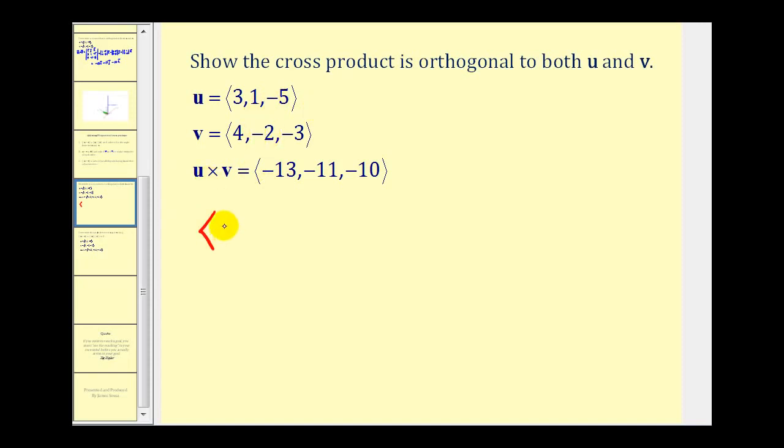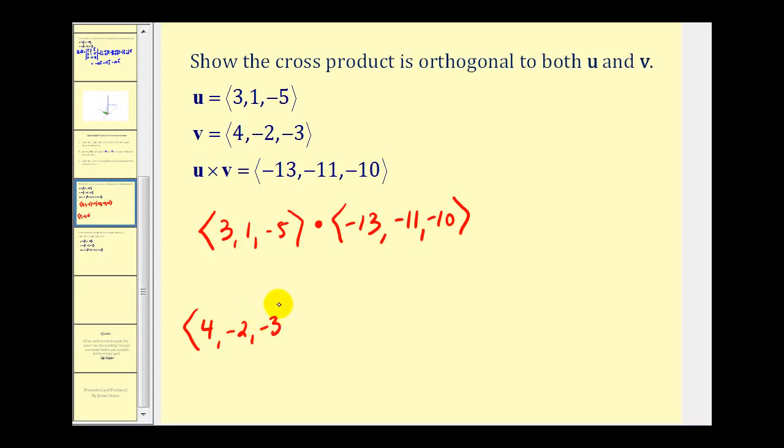First we have to dot u with our cross product to make sure this is equal to 0. Then we have to dot v with the cross product. So let's go ahead and verify this.